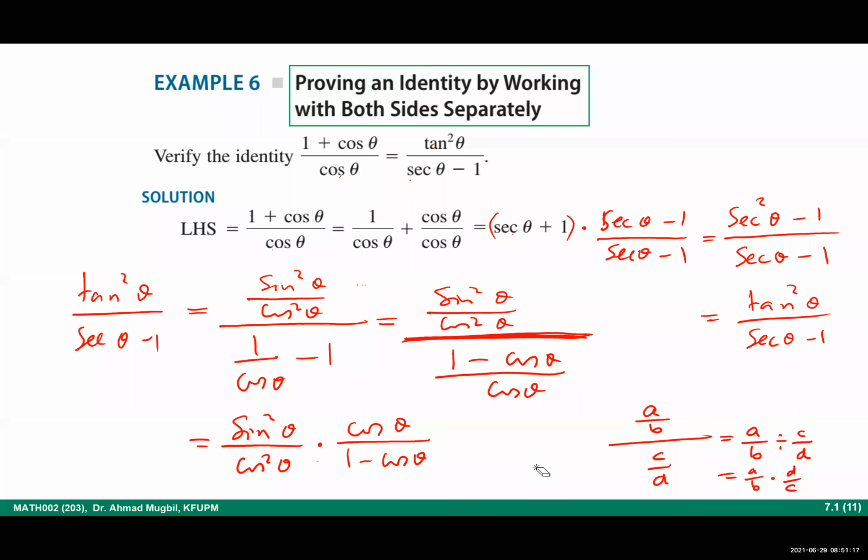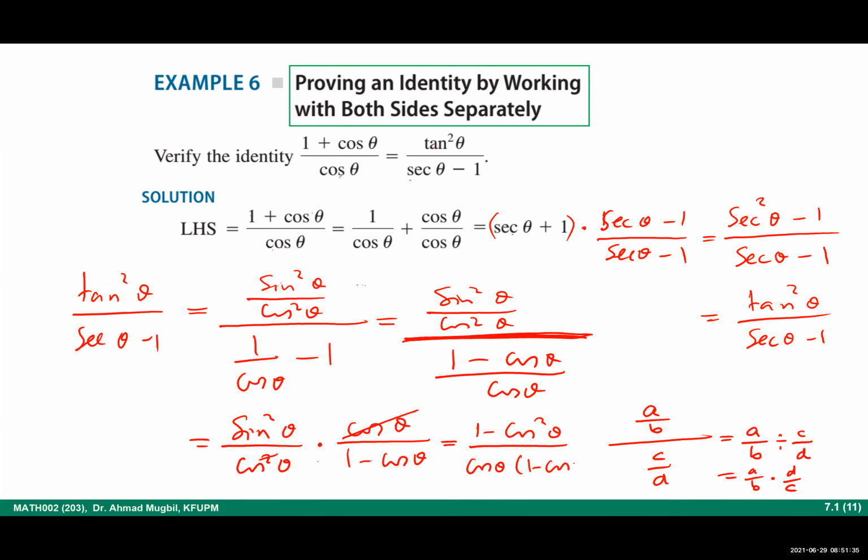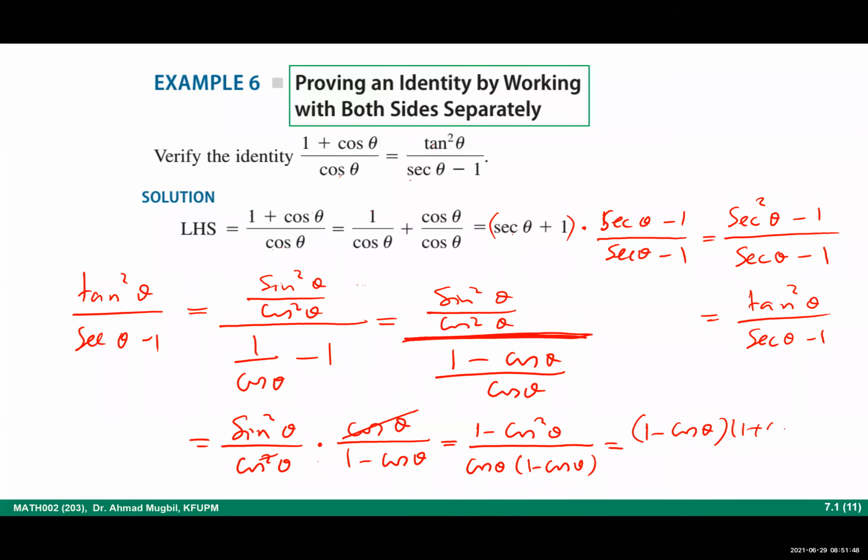Good. Now this cosine will be cancelled with the square. And we will have sine squared, which is 1 minus cosine squared, over cosine theta multiplied by 1 minus cosine theta. But as you can see, Shabab, it is not simpler than the one we used. Now, 1 minus cosine squared is 1 minus cosine theta times 1 plus cosine theta.